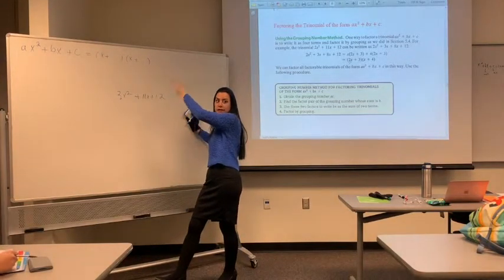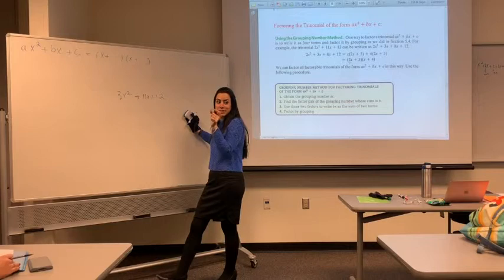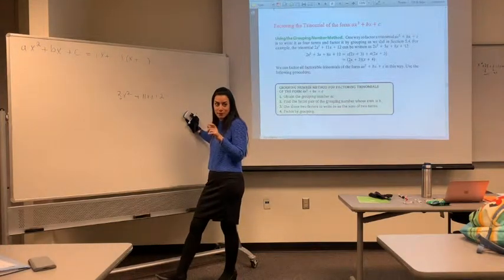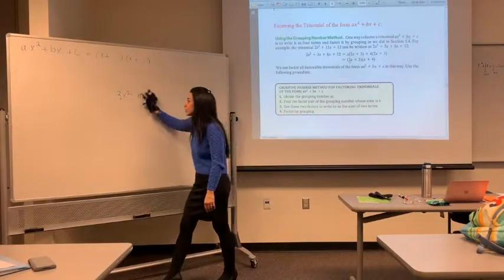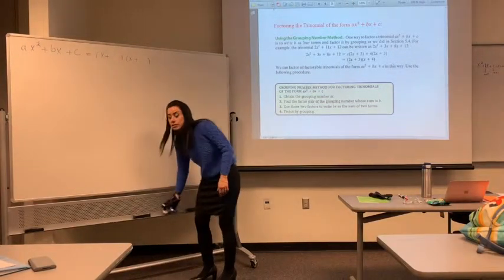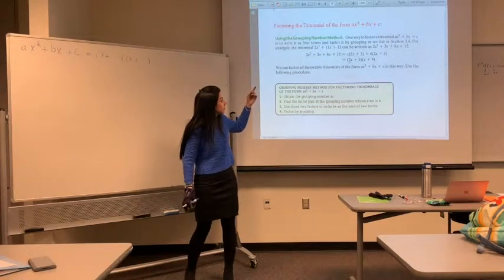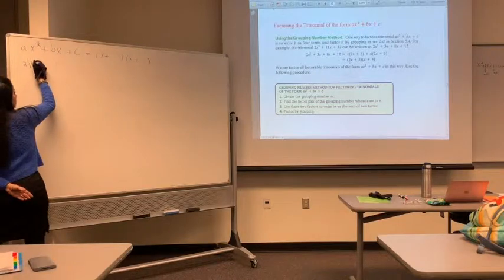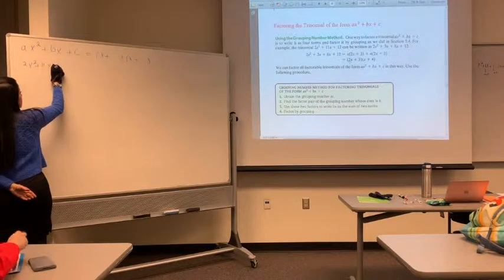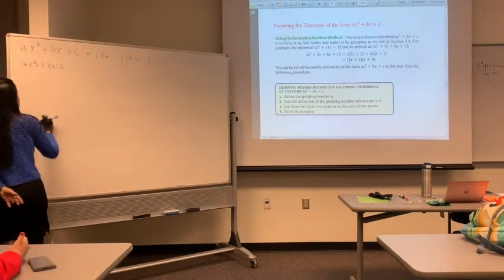But unlike that one, here I cannot give you a certain formula because there are different steps we should follow. Okay, so for the first step, let's use the same example: 2x squared plus 11x plus 12. Let's use this.